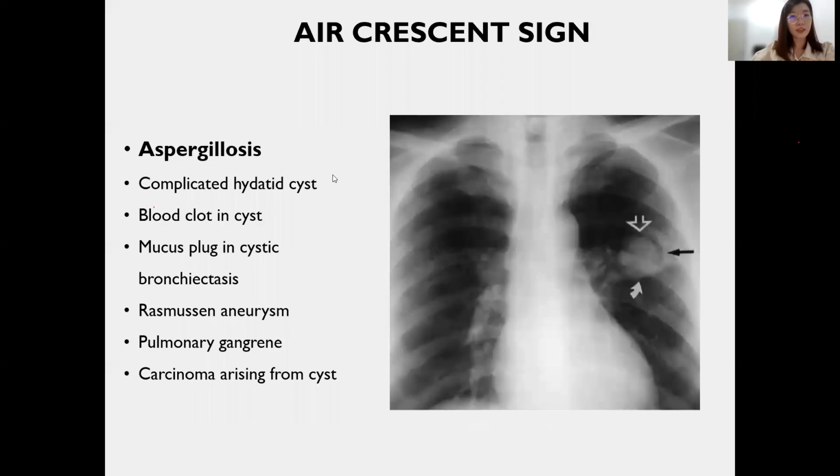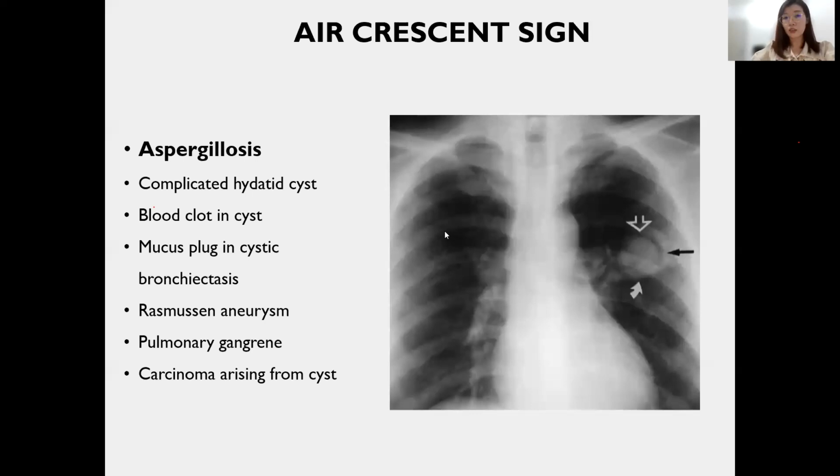Okay. Good. Next is the air crescent sign. In a cavity, we will see some opacity within it, and like this one, a crescent shape lucency here. So it's called air crescent sign. Always mycetoma first. Number one differential diagnosis, aspergillosis.